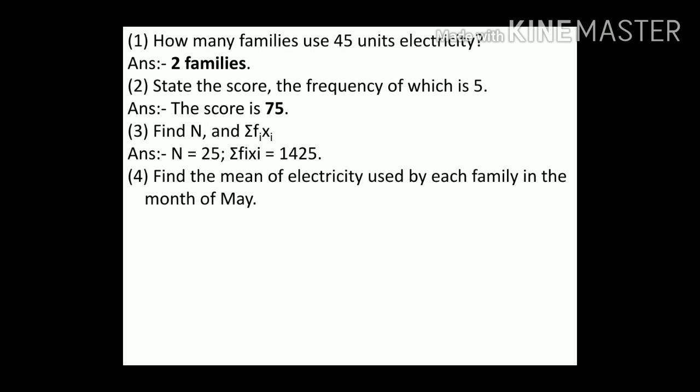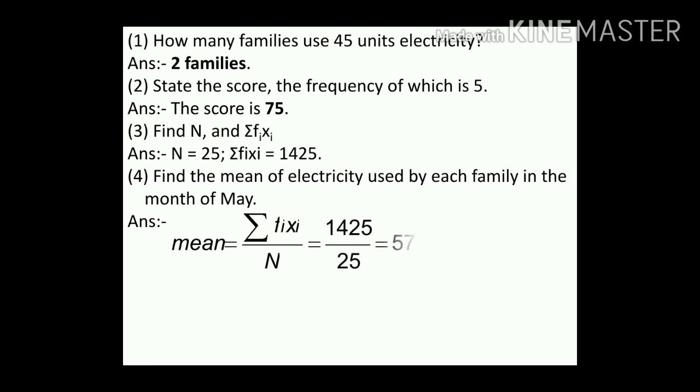Here in the fourth question we have to find the mean. You know, children, what is the mean formula? Mean equals summation fi xi upon n. Here, children, 1425 upon 25, we get 57.